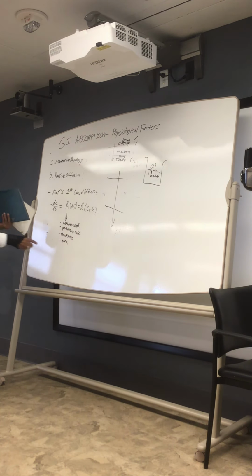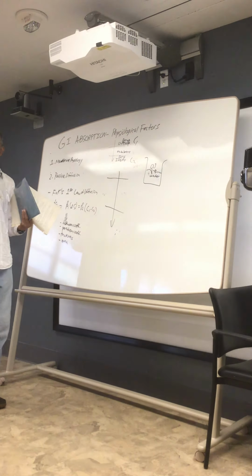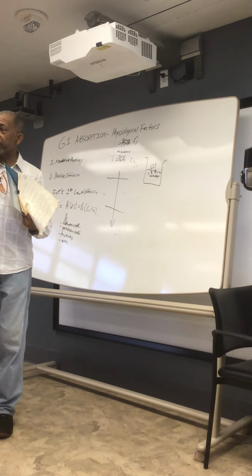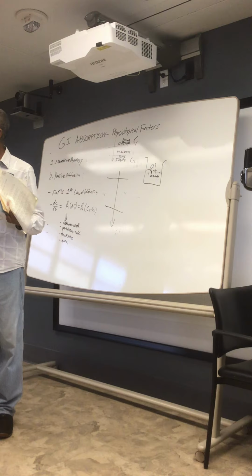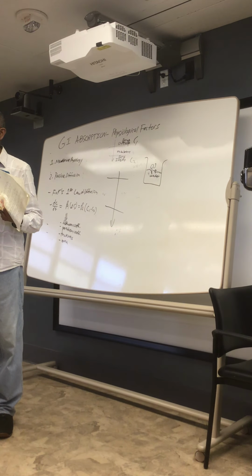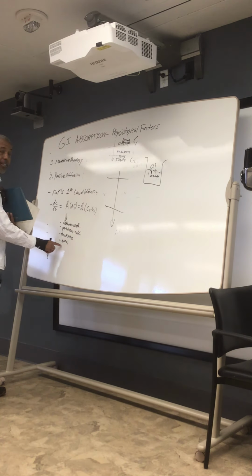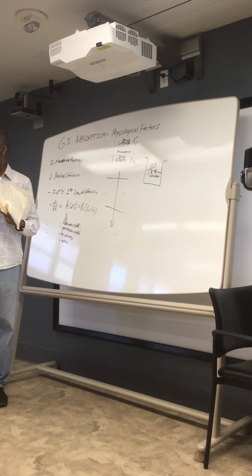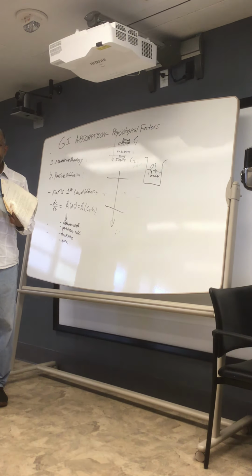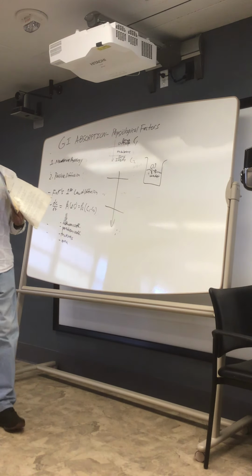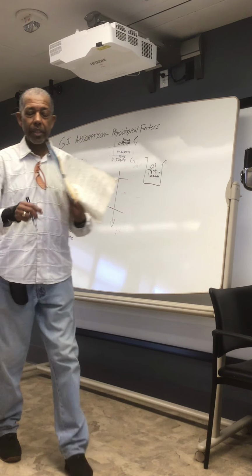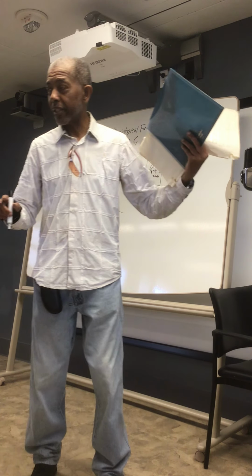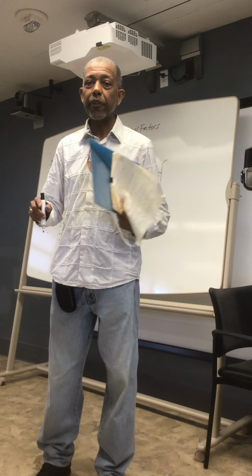And then the area of the membrane. I don't even have to talk about area too much, because the main reason drugs are so highly absorbed from the gastrointestinal tract is surface area. You have that huge surface area in the small intestine. I think I read one time, but don't quote me on this, that the small intestine stretched out could be about the length of a football field.